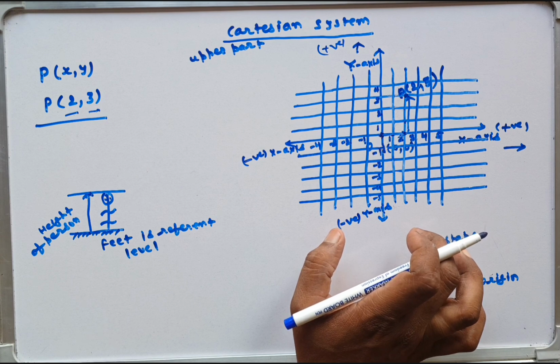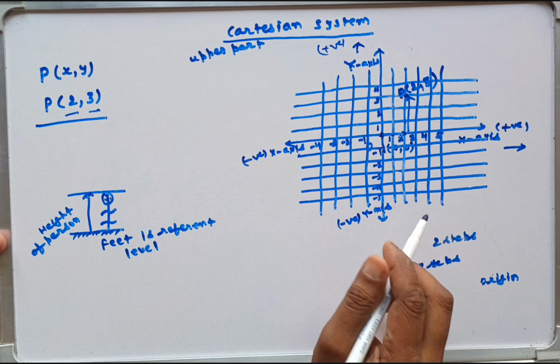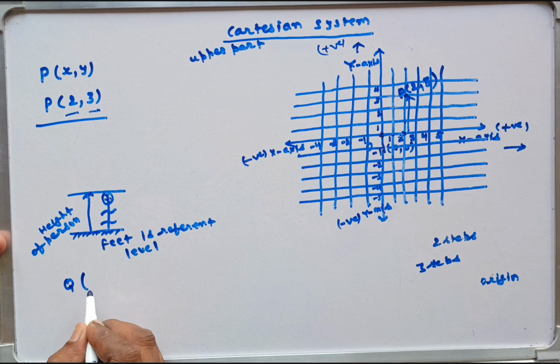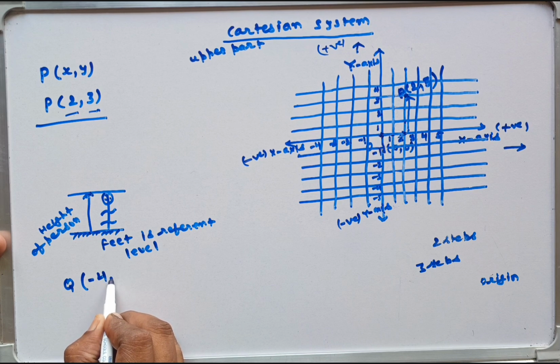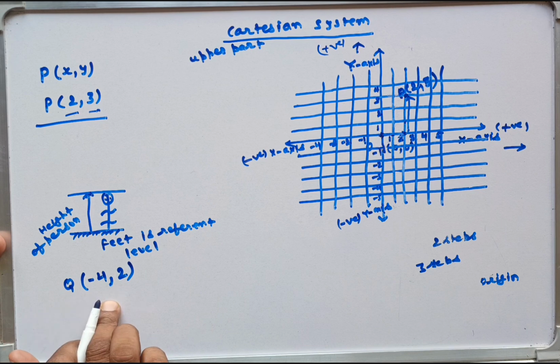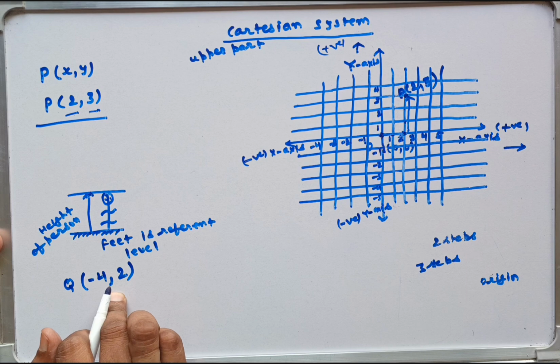Okay. Now guys, suppose another point Q equal to (-4, 2). So how could you represent this point on a graph paper?